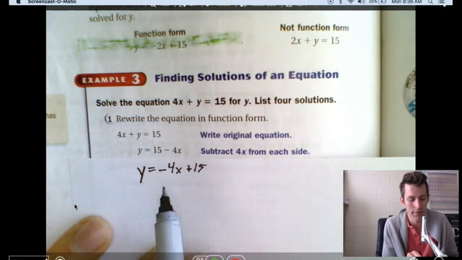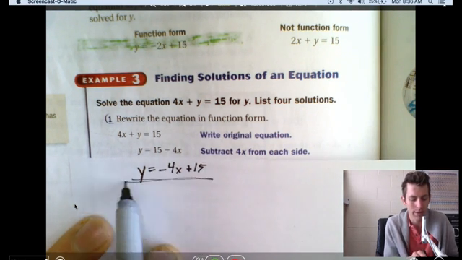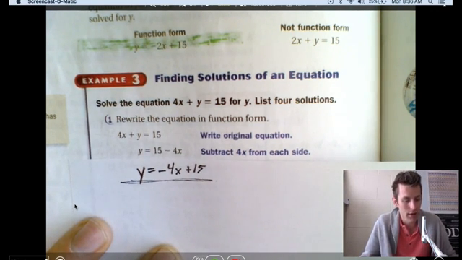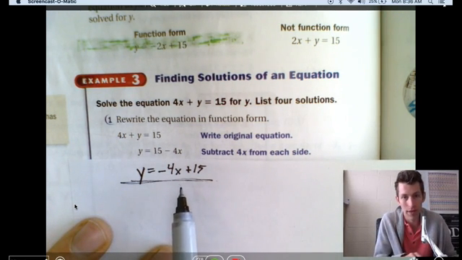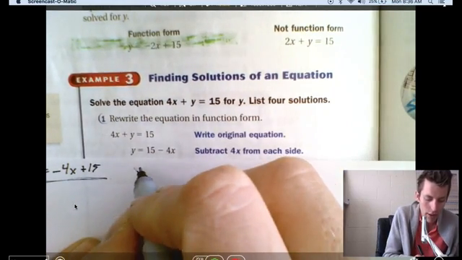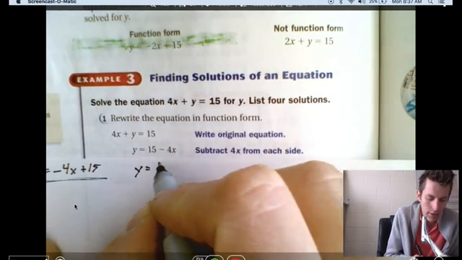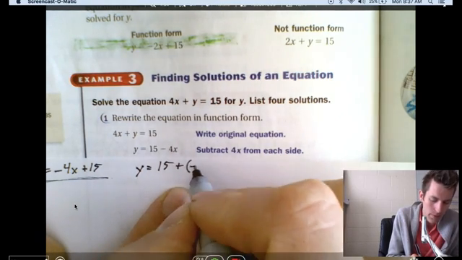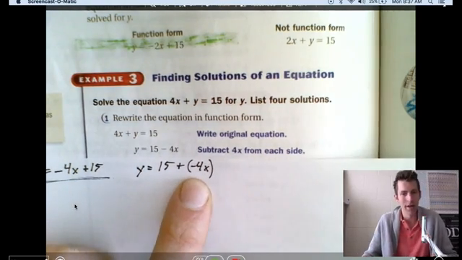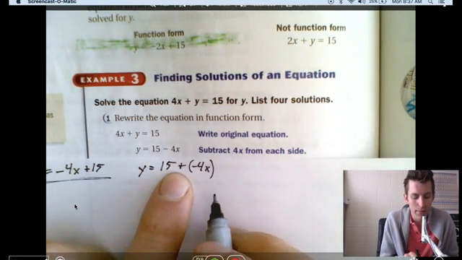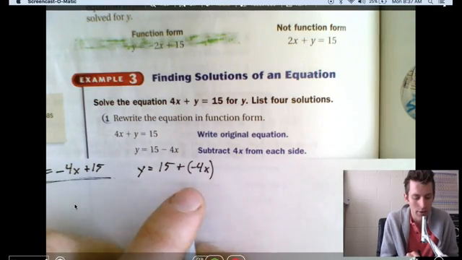So this format is the better format, and you'll see why when we start graphing these. In fact, I can say with confidence that you will, in the next couple sections here, be asked to put it in this format. So for those of you scratching your head, isn't that a positive 15? And isn't minus 4x the same as plus negative 4x? Yeah, it is. And so if there's a plus, I can switch things around.